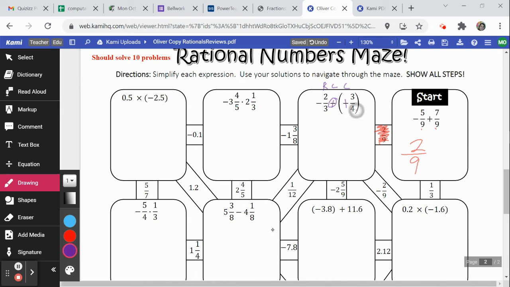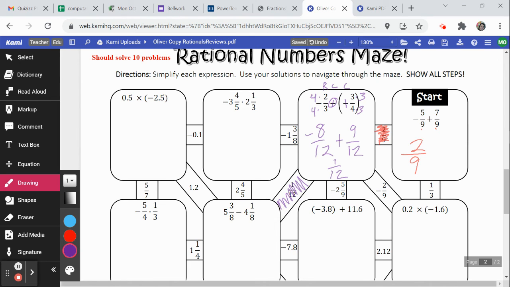So if I multiply this by 3 and this one by 4, I really have a negative 8/12 plus a positive 9/12. Okay, I had 9/12 and you took 8 of them. I only have 1/12 left. So then we go down this way.